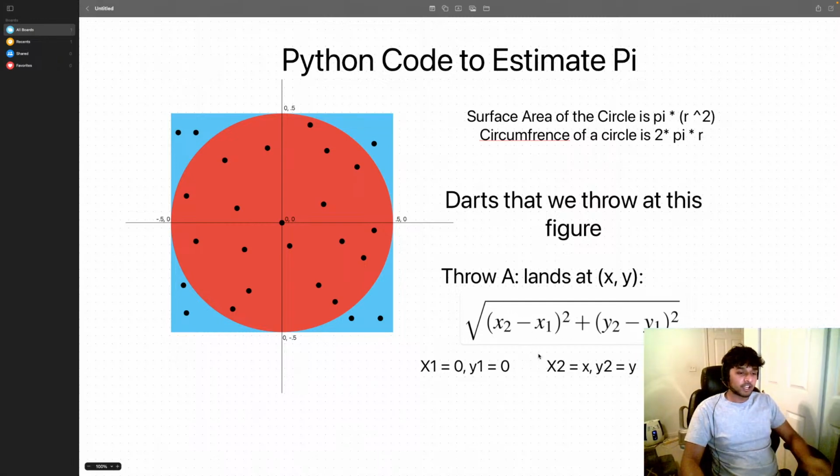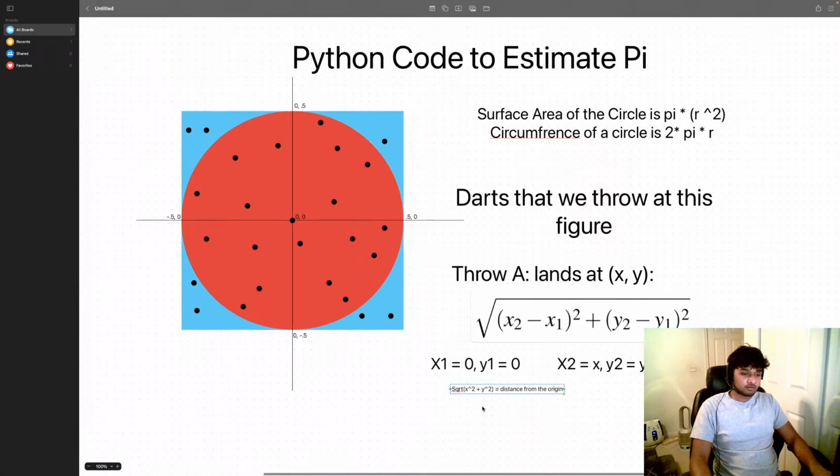So the square root of x squared plus y squared is going to give us the distance of the dart throw from the origin. So the square root of x squared plus y squared equals the distance from the origin.